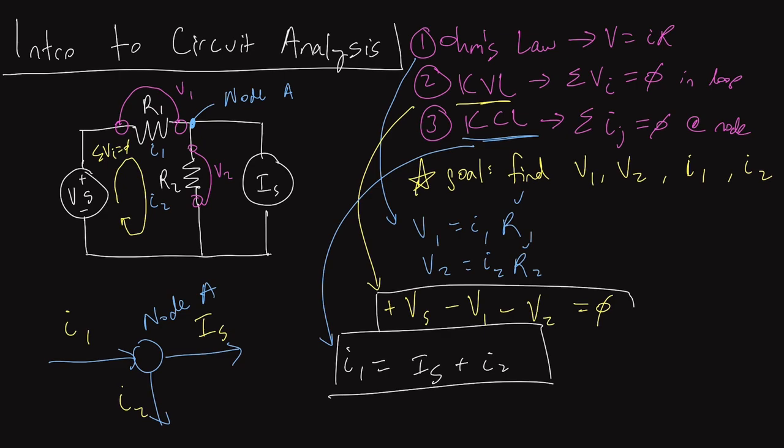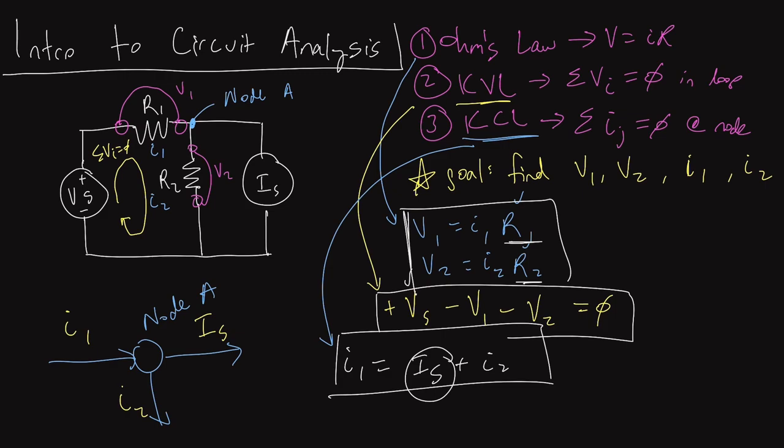We would have to know what V sub S is and what I sub S is. But given that, in addition to the other defined variables, which would be the resistances R1 and R2, we could use these four equations to fully define and determine what the voltage and current is for R1 and R2 respectively.